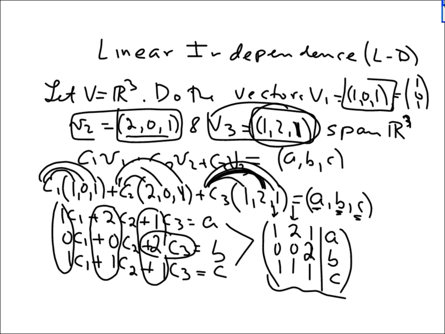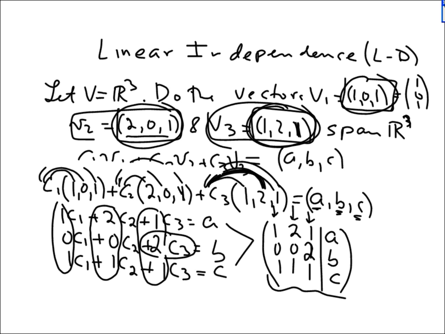1, 2, 1, that is vector 3, is the third vector. You don't even have to put them in that order. As long as you write this as one column, and this as another column, and this as yet another column, you'll be okay. The order doesn't really matter. Now we need to solve this last matrix.